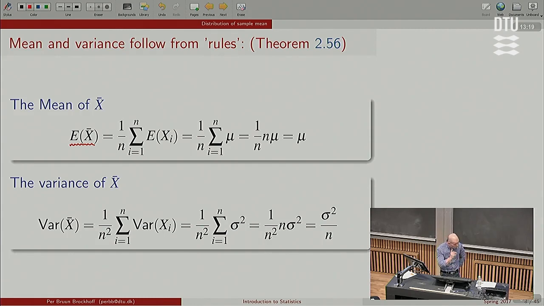That's one of the rules you were taught in theorem 256. And since each of them has this mean, when I add up those, it turns out, here's the theoretical statement expressing that repeated means have the population mean as their expected value.